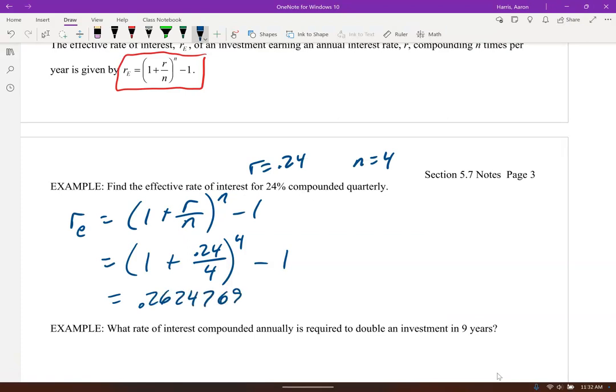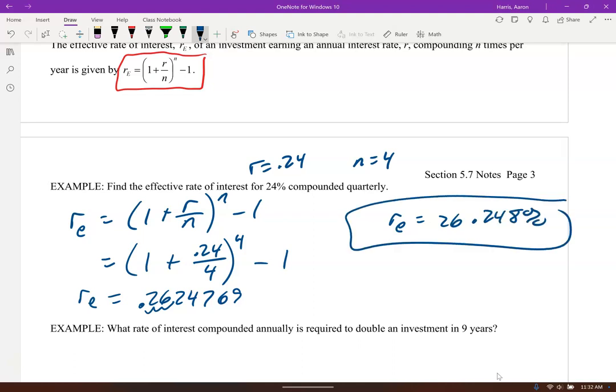That's our effective interest rate. So you know that's your 0.26, right? So 26%, move it over twice. 26.248%. Round that 7 up to 8.